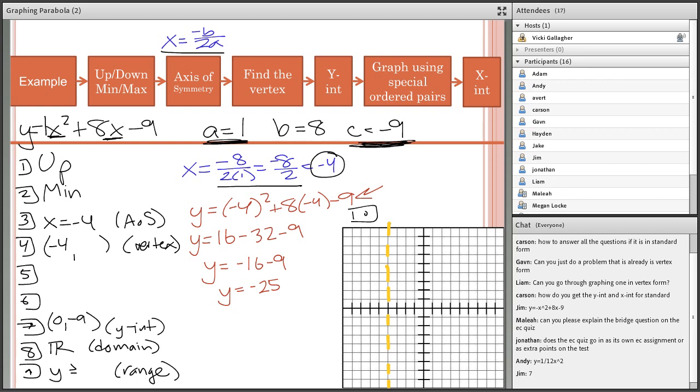What did I do wrong? Did I write it down wrong? So where's 32?